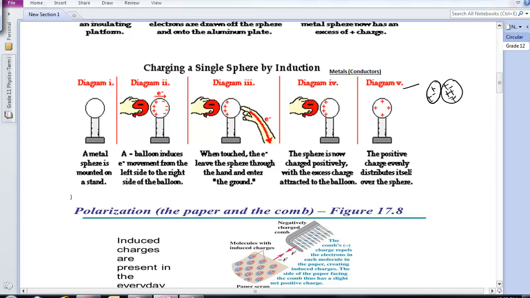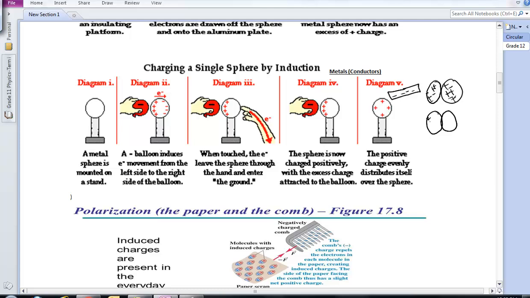And then you have a rod here that is negatively charged. So we can expect that the negative charges here are going to attract the positive charge in the two spheres, so it will look like that.